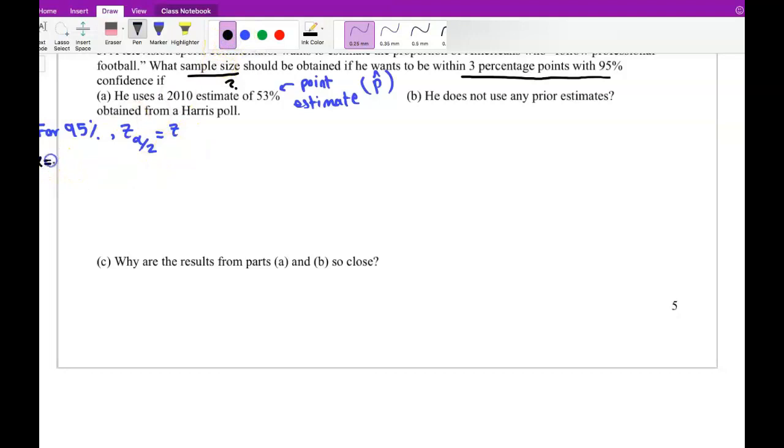So alpha is 5%, so we have 5% divided by 2, this is z 0.025.